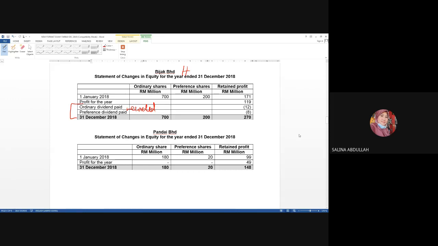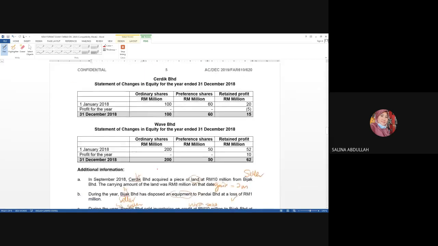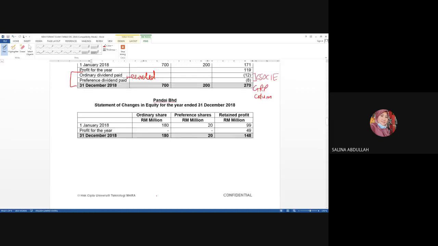So you will show this in your consolidated statement of changes in equity, definitely in the group retained profit column, because this is dividend paid by holding. However, in the statement of changes in equity of S1, S2 and S3, there is no dividend.